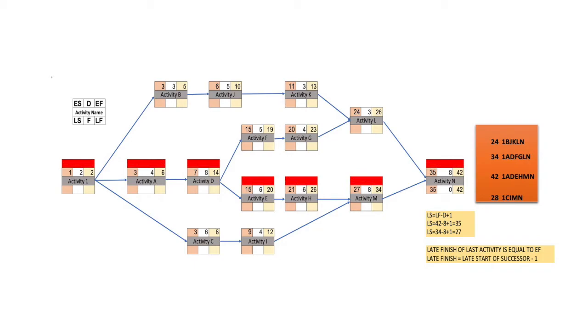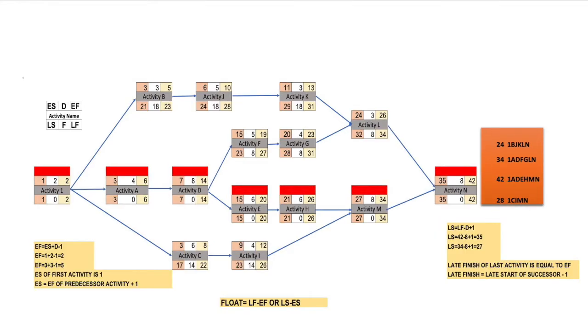We have activity M and activity L. Late finish we will get from our successor activity. As we have already found our early finish and now we are using the backward path method, we will definitely get the late finish date from our successor activity, that will be late start minus 1.